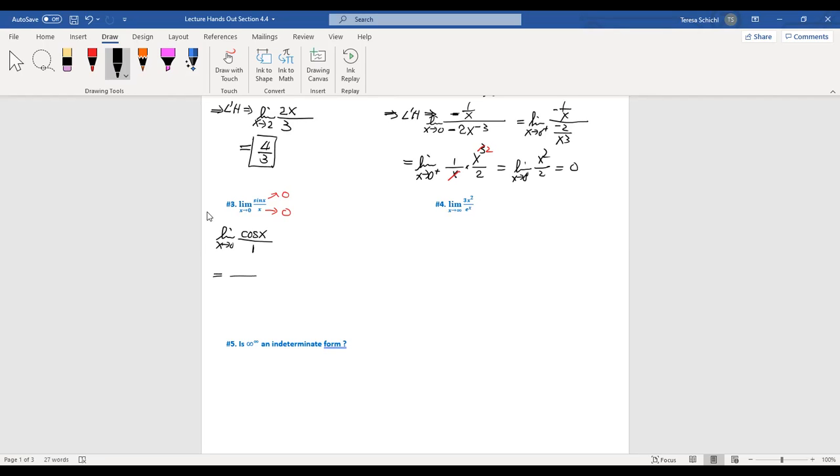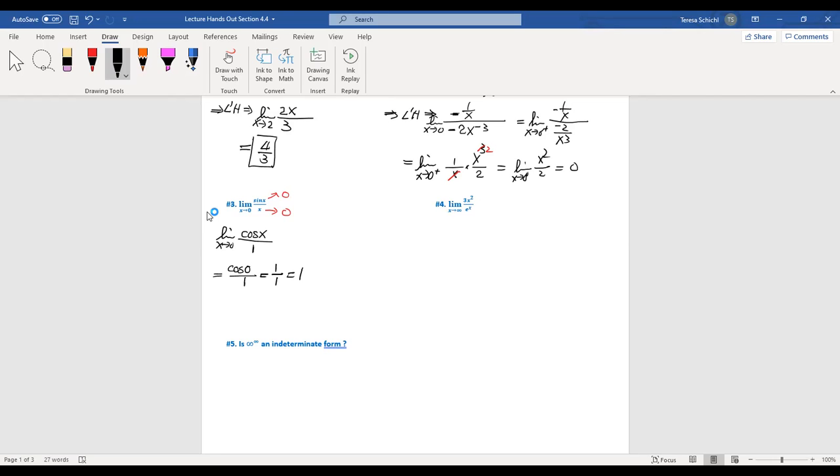Then you will get cosine 0 over 1. I know cosine 0 is 1, right? So this is 1 over 1. So it's 1. All right. So that's why it's pretty easy to prove using L'Hopital's rule. And now you understand why at that time I told you to just remember it. Now we are able to prove it.